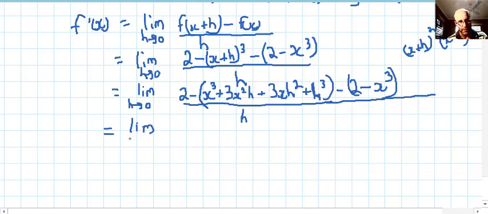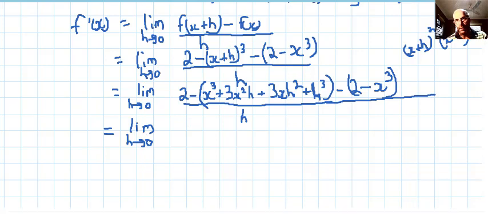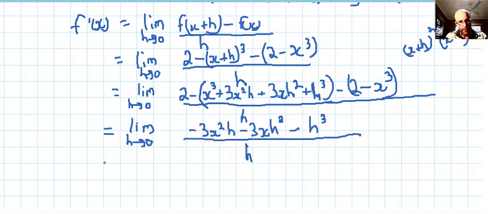You're probably getting sick of writing the limit as h approaches 0. Okay, just speeding that up there. And now we divide through by h because we've simplified the numerator.